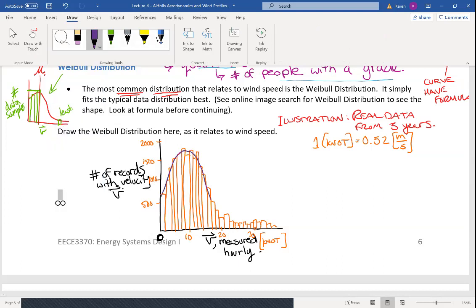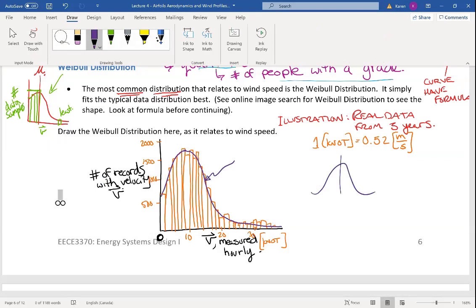So if I were to draw the curve representing this, it looks like this. And this curve is well known. It has a name, just like the bell curve has a name. This kind of shape that goes like this has a name, and it is called the Weibull distribution.